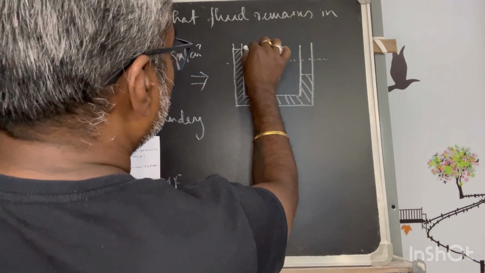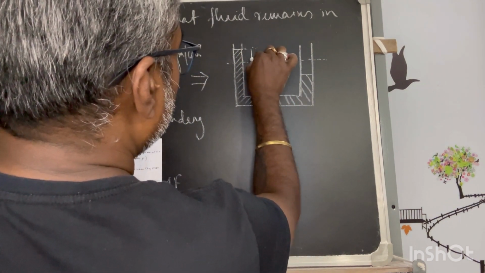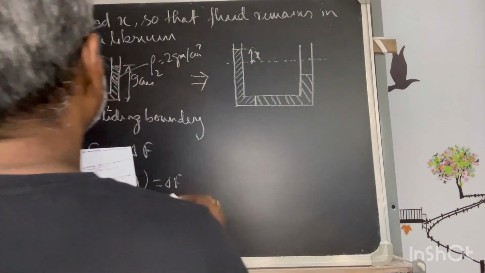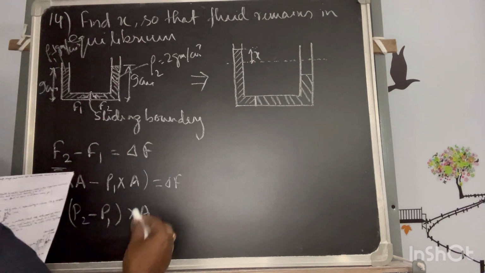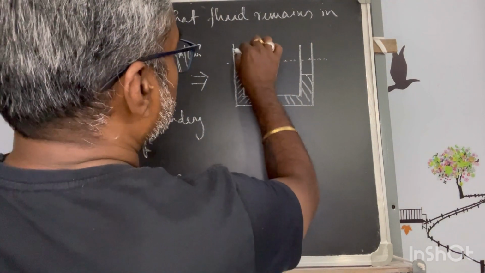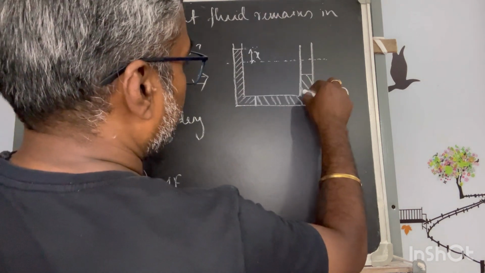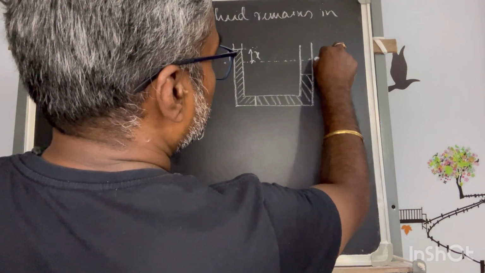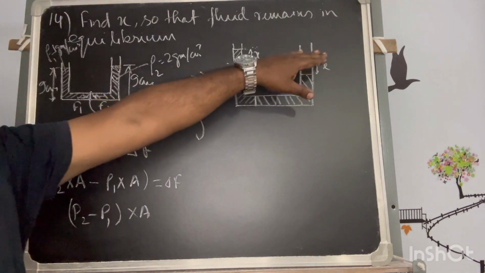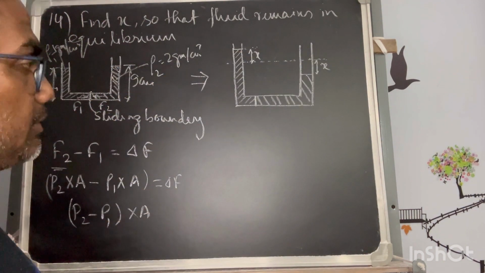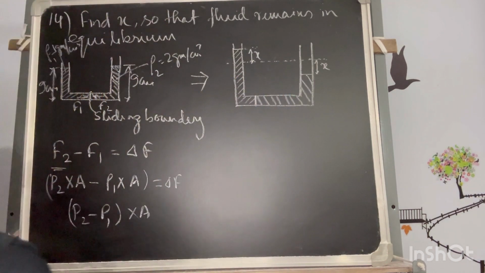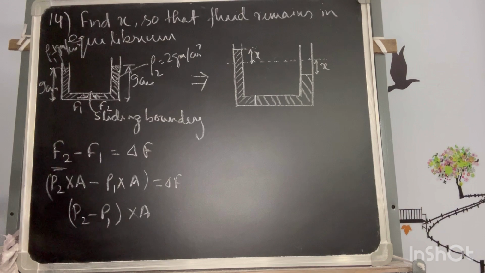Now when it is removed, it gains a height of x above the initial level when it comes to a steady state. Similarly, if it goes up by x, as it is the same liquid, the level on the other arm will come down by this much x. So this is the ultimate position of the liquid when the sliding boundary comes to a static equilibrium.